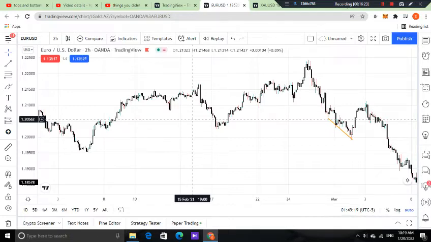But a wedge bottom, we see at support areas, and we expect to see a bull breakout because there is a 75% chance of bull breakout.